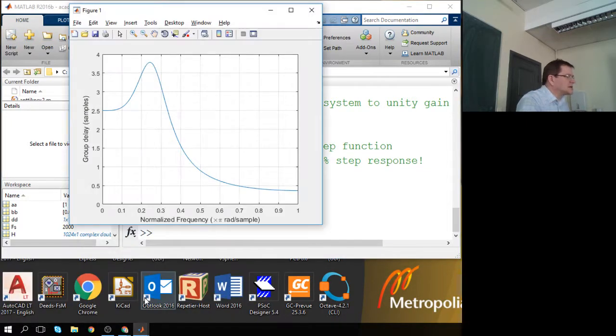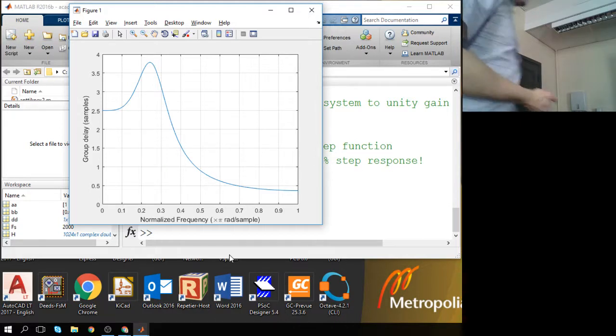It probably does. Yes. So this is the group delay. On the horizontal axis, there's a normalized frequency, x times pi radians per sample. So it means that here's the 0, and here is the Nyquist rate, Fs over 2. This is directly group delay in samples.